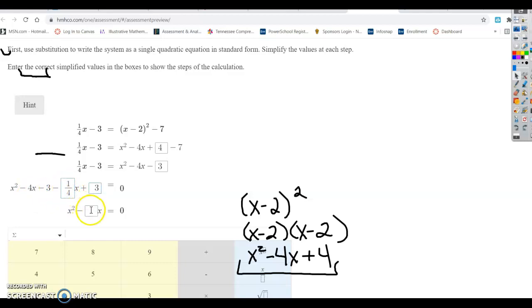So that's negative 17/4. The negative's already there, so I'm just going to put 17/4. And then you can see the negative 3 and the positive 3 cancel. So remember, this is the same as 16 over 4. 16 over 4 gives it a common denominator. And then the 16 plus 1 is where I got the 17/4 there.